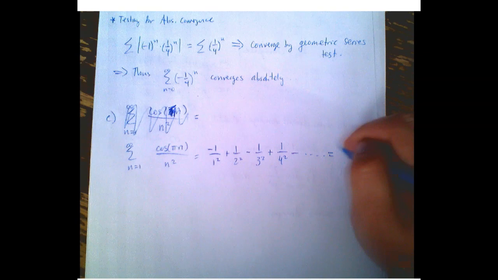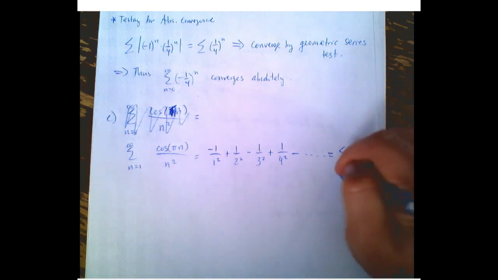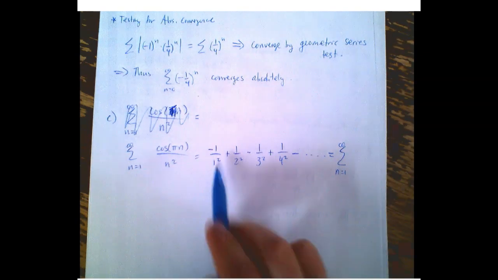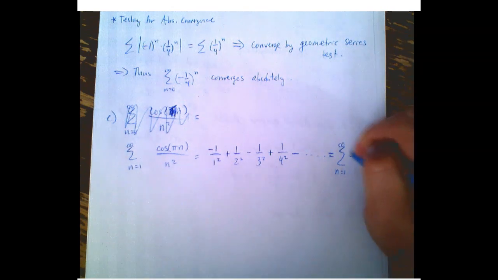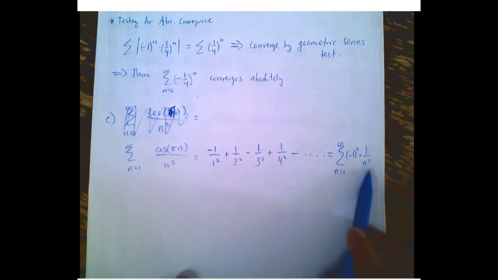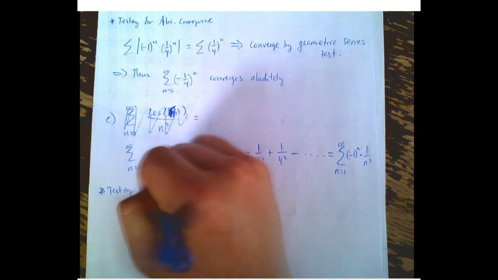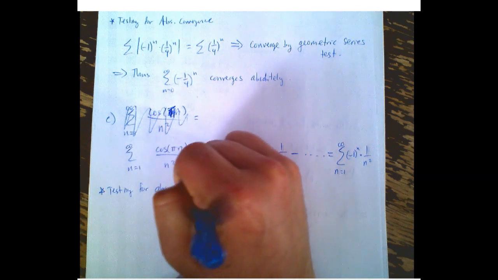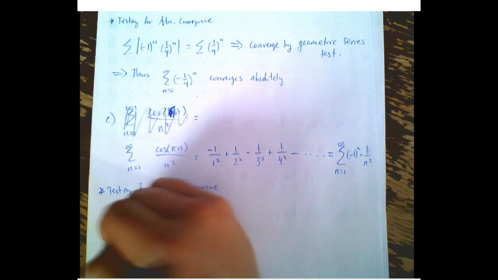So you can actually rewrite it without that term as negative 1 to the n times 1 over n squared. So we can just work with this guy now because these are equivalent to each other, right? So testing absolute convergence, we want to consider the absolute value.